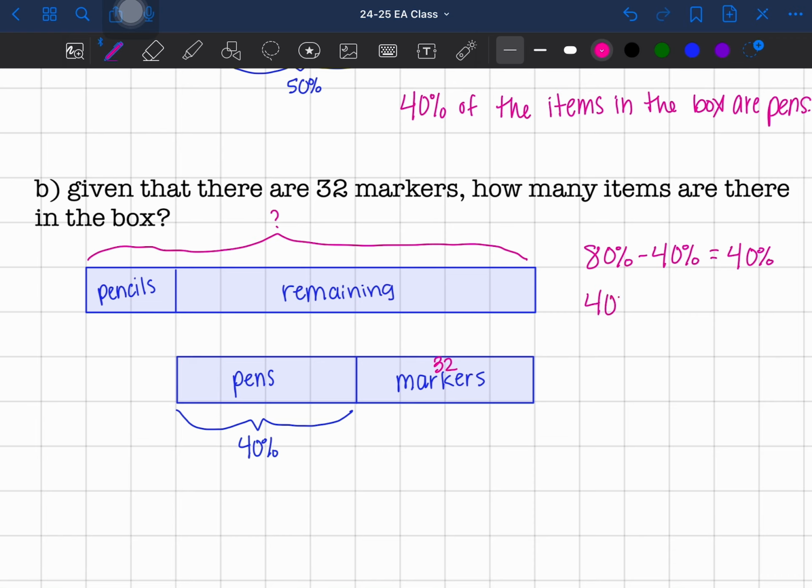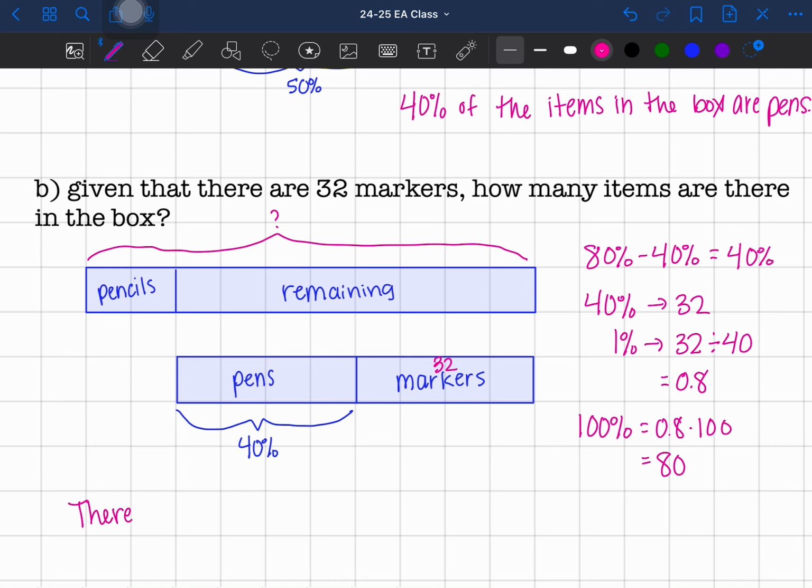So 40% is 32. Find 1%: 32 divided by 40, which equals 8/10. To find 100%, because we're trying to find how many items are in the box, we do 8/10 times 100, which equals 80. So there are 80 items in the box.